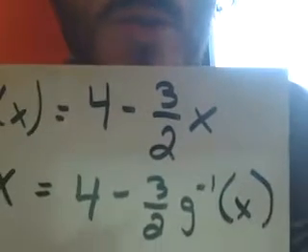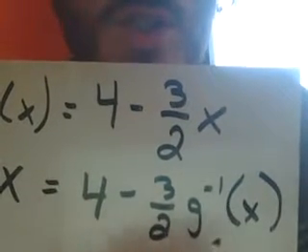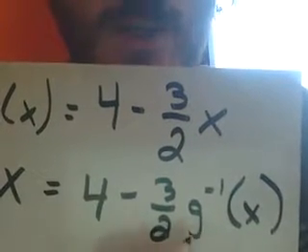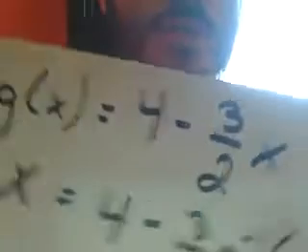So what we need to do now is solve for this g inverse of x variable, okay? And what we're going to do first is what we normally would do in such situations. We're going to subtract 4 from both sides of the equation, isolating that g inverse of x variable.